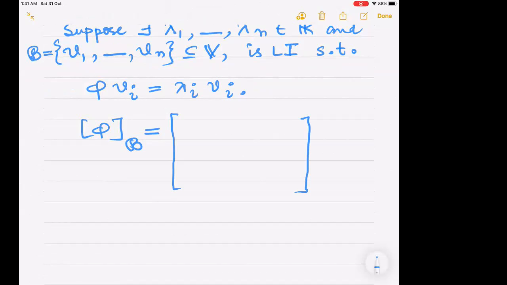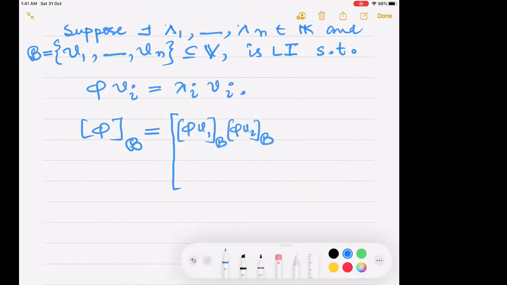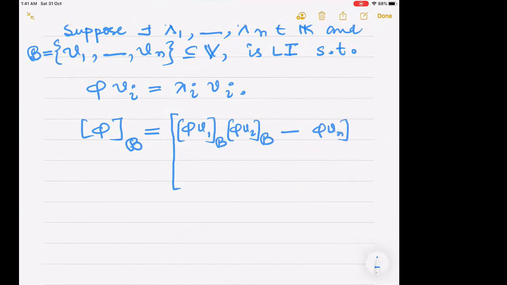So the first column is the representation of phi V1, the second column is phi V2's representation in the basis, and so on up to phi Vn.